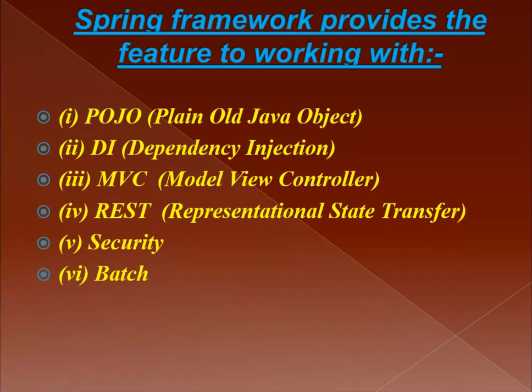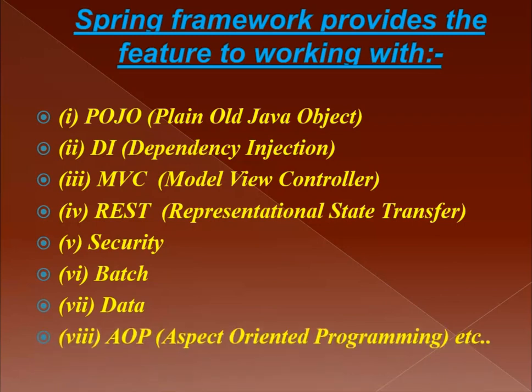Spring Security is one of the important modules of the Spring framework. Spring Batch is there, Spring Data JPA is also there, and AOP, aspect oriented programming, etc. So these are the features provided by Spring: POJO, dependency injection, MVC, REST, security, batch, data, AOP.